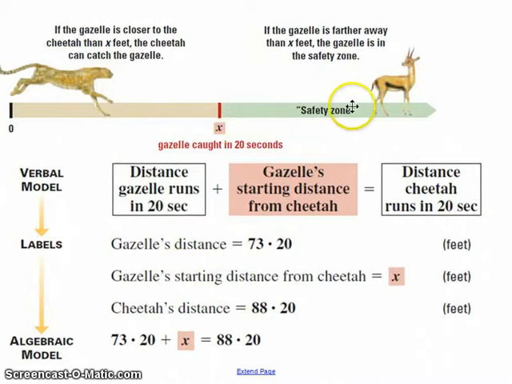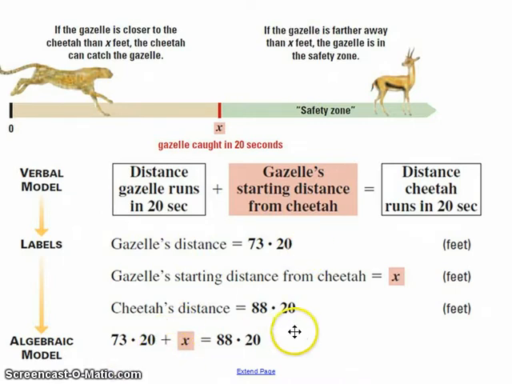First of all, it gave itself a picture. This is this safety zone, how far apart the gazelle and the cheetah need to be. They need to be X feet apart for the cheetah to be safe, the gazelle to be safe. So the gazelle is going to go 73 times 20 plus some distance X. And that's what they have here.